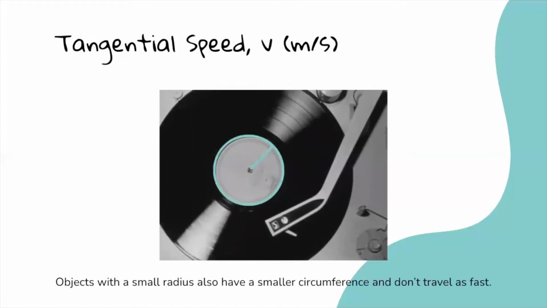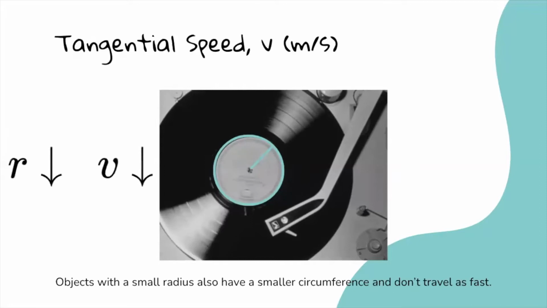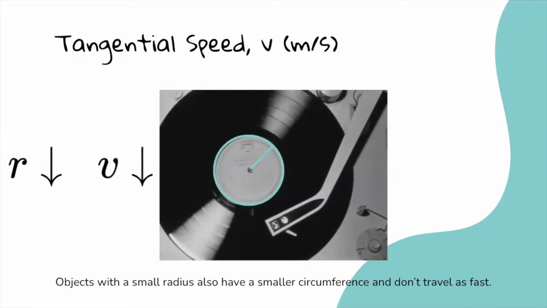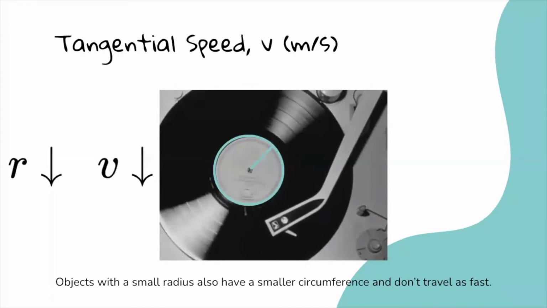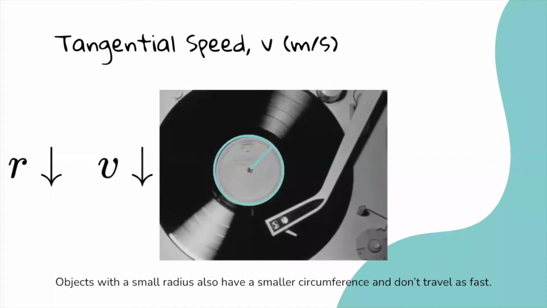So, relationship here: that equation means that if radius goes down, speed goes down. In fact, can you find me the point on this record player that has 0 speed? The middle, the center.